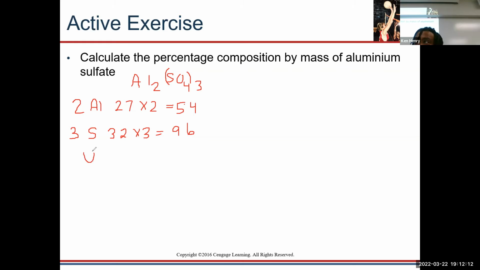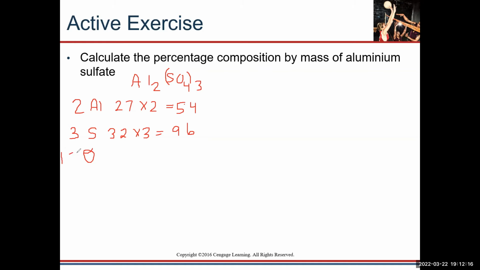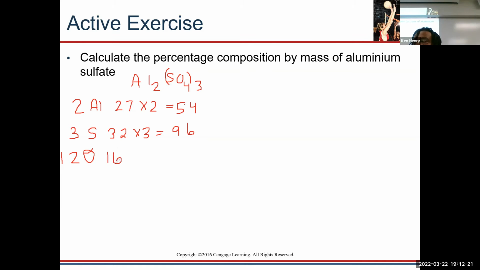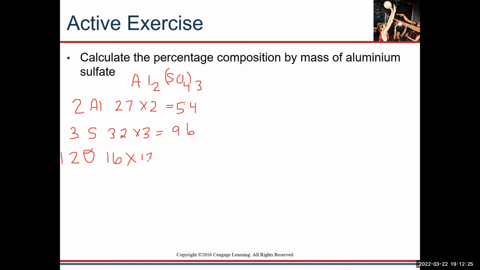And oxygens, how many oxygens do I have? 12. Oxygen weighs 16, so 16 times 12 is 192. That's 342 grams per mole.